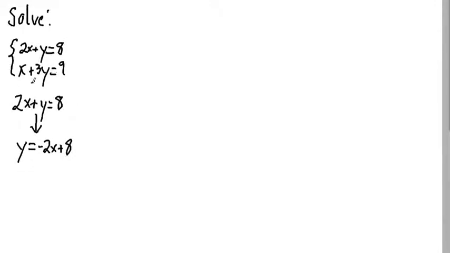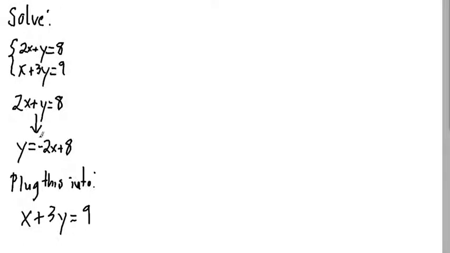But we also solved this second equation for y, and that gave us y is equal to negative x over 3 plus 3. That gave us a fractional slope, and that was kind of annoying. So instead we're going to plug this into the second equation, x plus 3y is equal to 9.